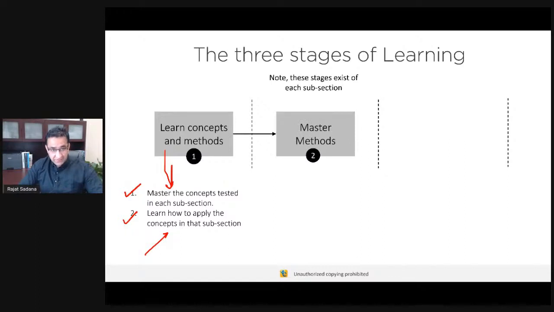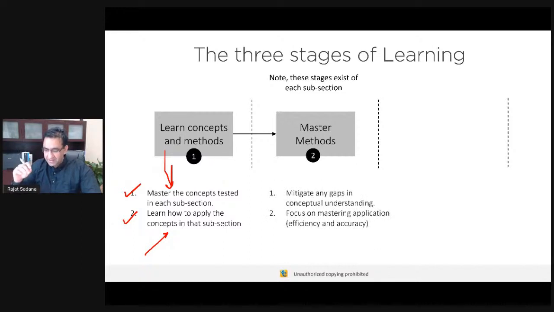Then the second stage of learning is where you focus primarily on methods. In the first stage, you're learning concepts first, and then you are learning how to apply them. In the second stage, you say, I know 80 to 90% of the concepts. I'm going to focus on applying those methods. And over here, your focus is efficiency and accuracy.